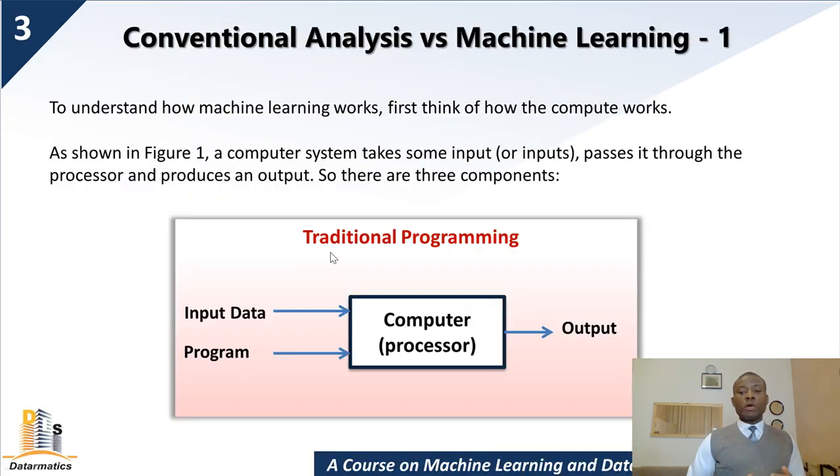Now, let's compare conventional analysis versus machine learning, because before now we were able to solve a problem using some statistical analysis procedures. We were able to analyze data, get our result, take decisions. Why then do we want to switch over to machine learning?